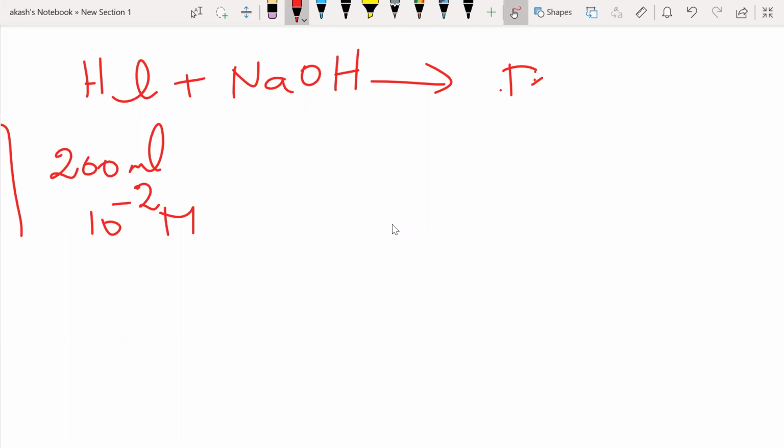That's it. So this is the concentration of my HCl, 10 to the power minus 2, since pH is given as 2. Now I can easily calculate the number of moles. Molarity is number of moles by volume, so number of moles would be molarity into volume. So this would be 200 into 10 to the power minus 2.